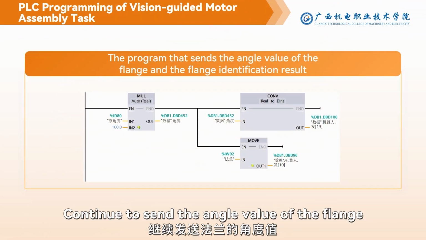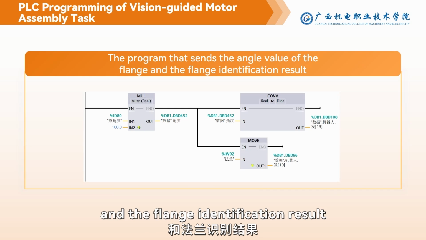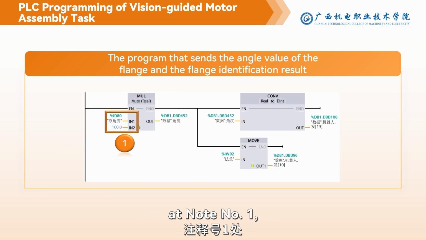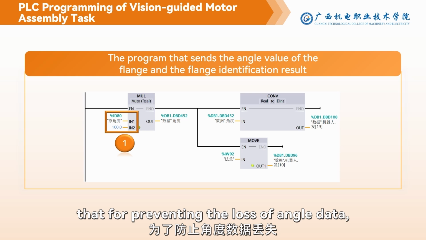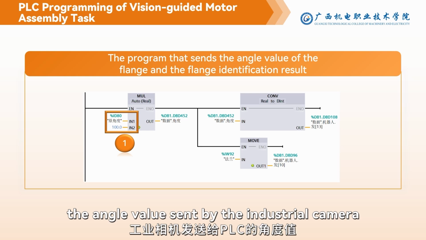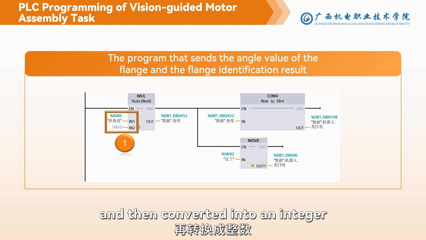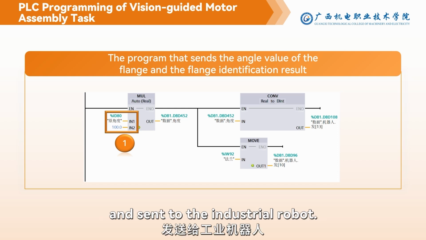Continue to send the angle value of the flange and the flange identification result to the industrial robot. In the figure below, at number 1, you can see that to prevent the loss of angle data, the angle value sent by the industrial camera to the PLC is multiplied by 100, then converted into an integer and sent to the industrial robot.